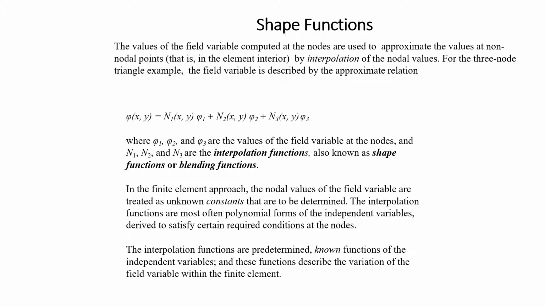We have seen the polynomial forms in an earlier lecture, like u equal to a0 plus a1x, u equal to a0 plus a1x plus a2y if it is a two-dimensional problem, or if it is a quadratic polynomial, then u equal to a0 plus a1x plus a2x square. Those polynomial examples we have seen earlier. Interpolation functions are predetermined known functions of the independent variables, and these functions describe the variation of the field variable within the finite element.